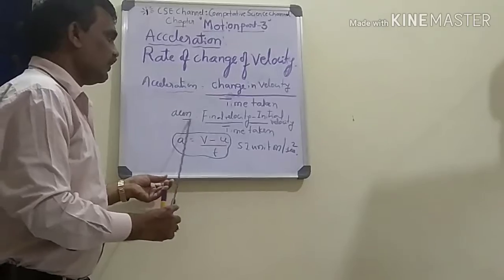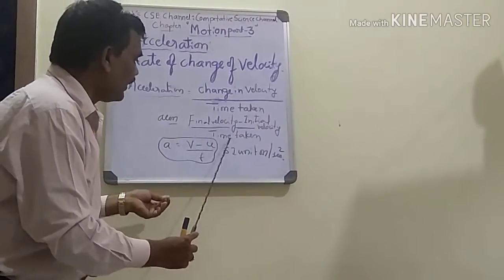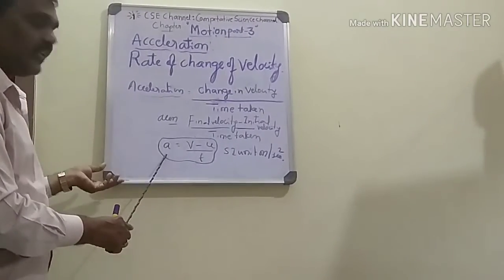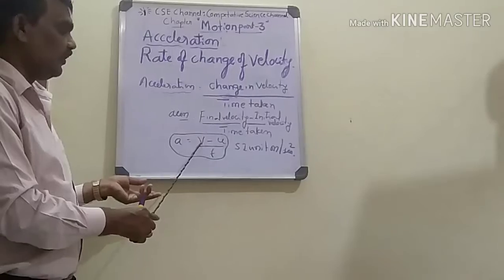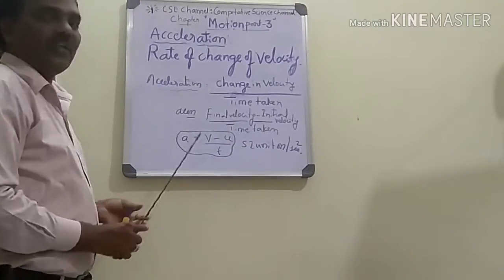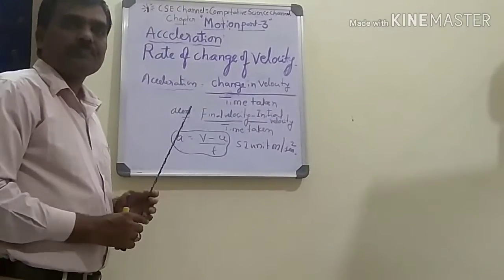Therefore acceleration is equal to final velocity minus initial velocity divided by time taken. In symbols, acceleration is a, final velocity is v, initial velocity is u, time taken is t. Therefore a is equal to v minus u by t.